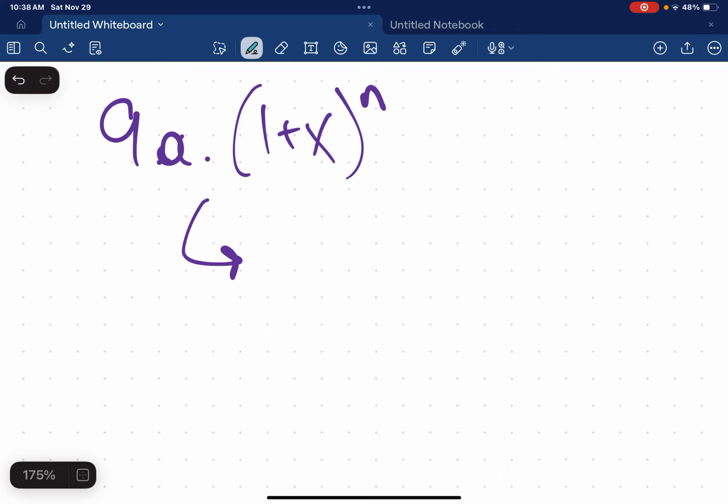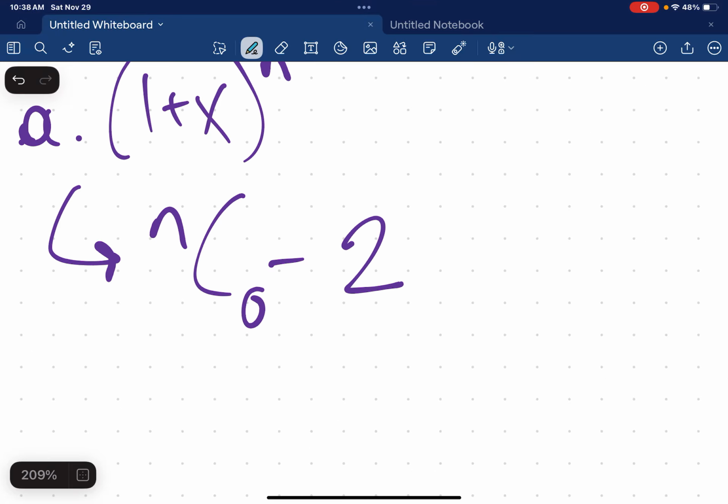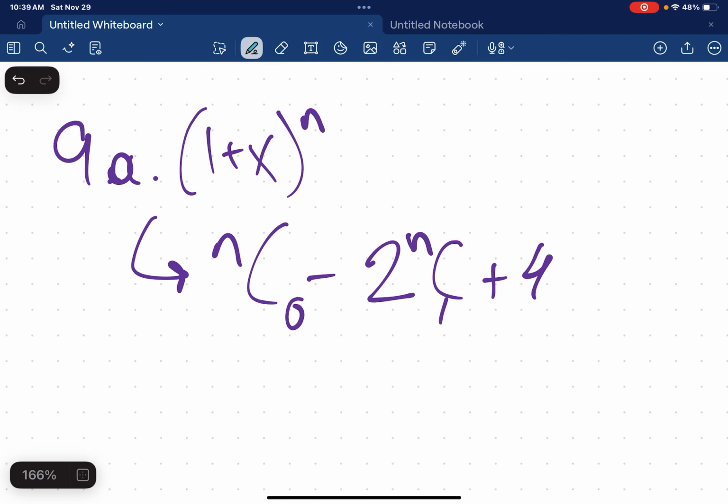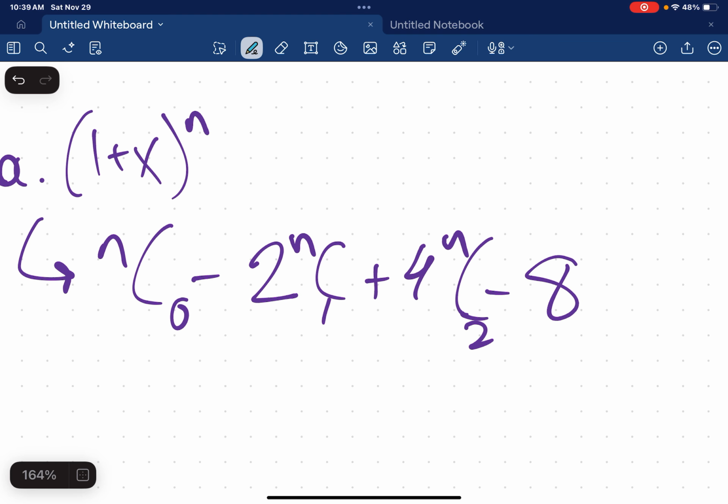I need to actually write this. I don't know if that's a -2, if that's supposed to be a negative. Oh, no, it is, or minus. Okay, looks like there's a pattern going on here.